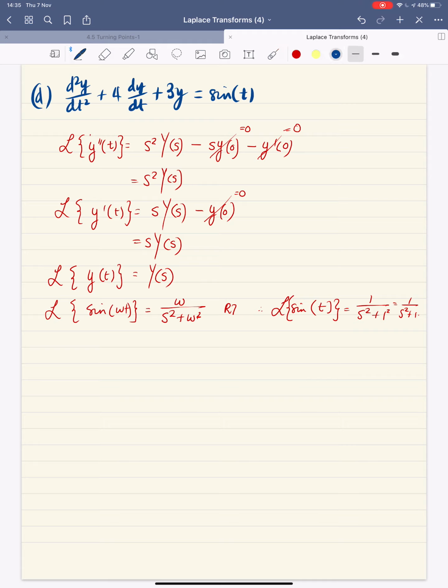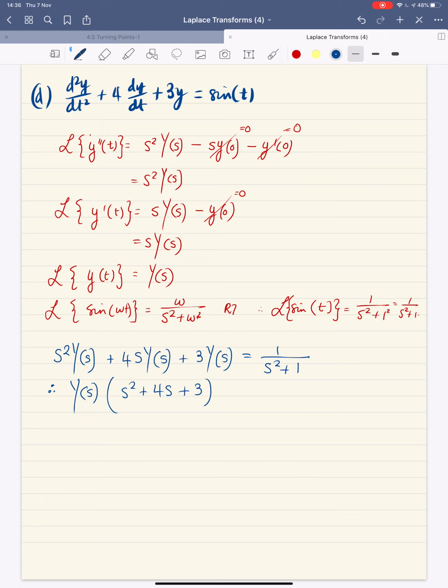So yeah, put all the bits together, substitute them in, and we'll get s squared Y(s) plus 4s Y(s) plus 3 Y(s) is 1 over s squared plus 1. So therefore, Y(s) times (s squared plus 4s plus 3) is 1 over s squared plus 1.